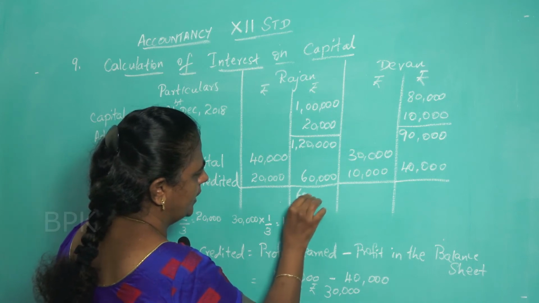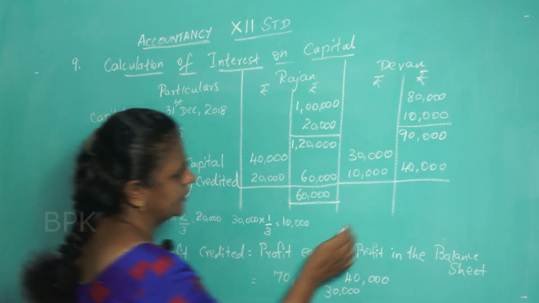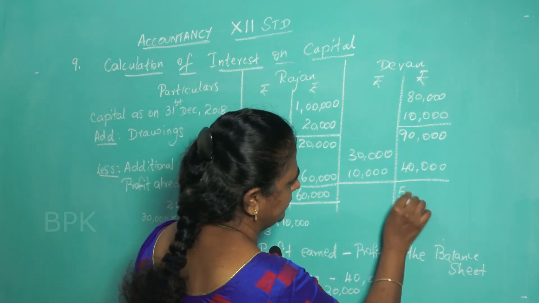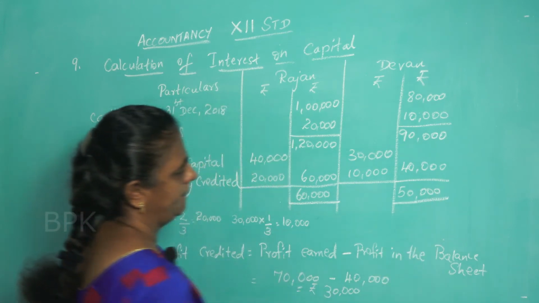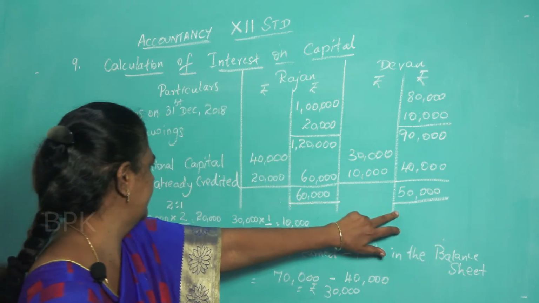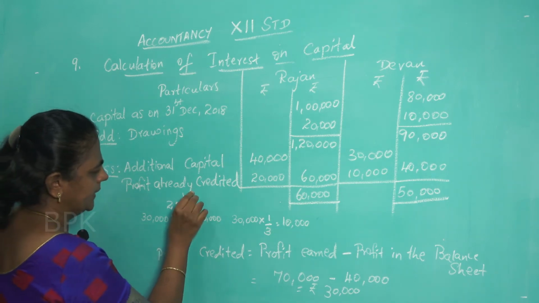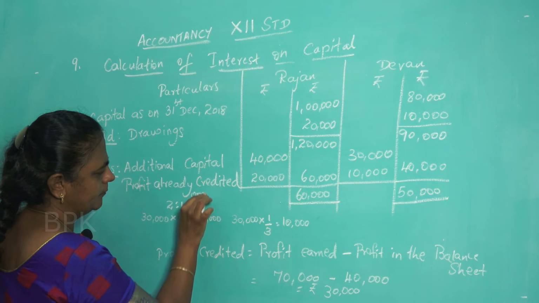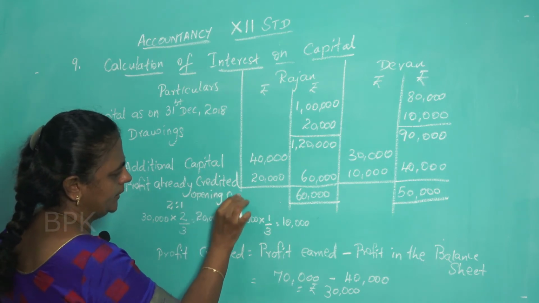So for the first one you will get 60,000, and for the second one you will get 50,000. Okay. Now, what is the 60,000 and 50,000? That is the opening capital. So here you can write, this is the opening capital.